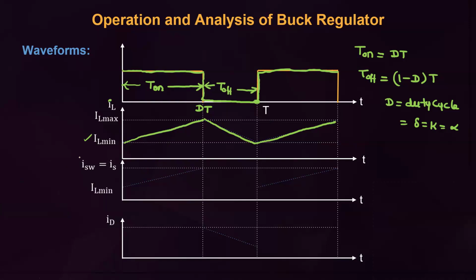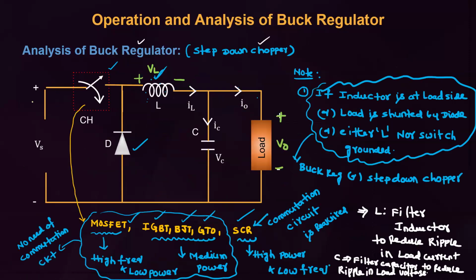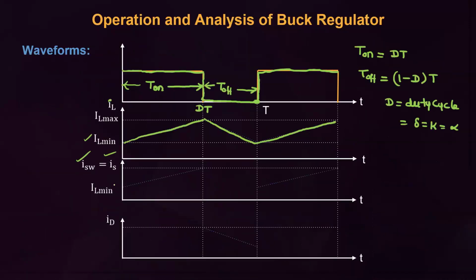Next, I am drawing the switch current waveform. This is equal to the source current waveform. Both are the same. Why are the switch current and source current waveforms the same? Because the source and switch are in series. That's why the switch current waveform is equal to the source current waveform. Let's assume this is also continuous mode.